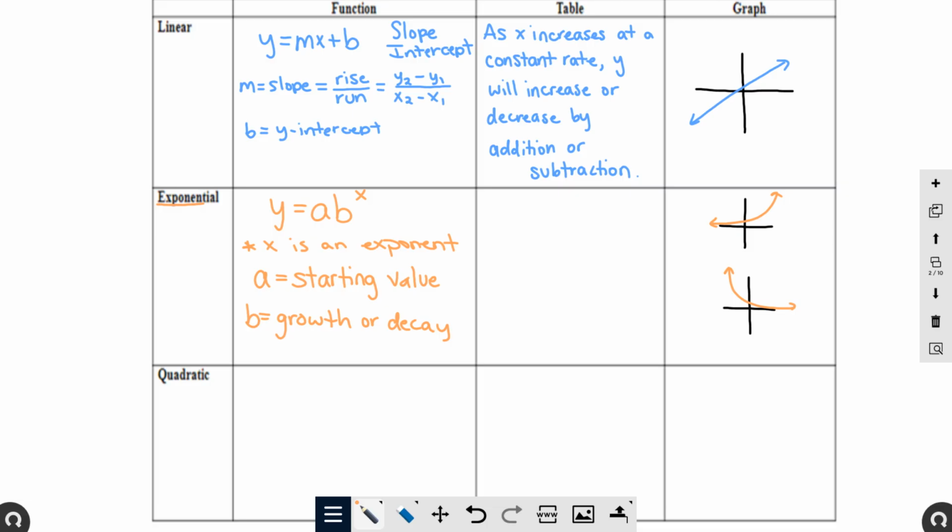For tables, it's very similar to linear. As x increases at a constant rate, y will increase or decrease by different operations. What do you think are the two different operations? Multiplication or division. Yep, so write this same thing, just change those last two words.